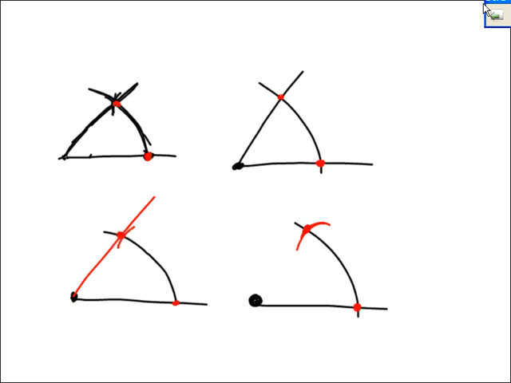And the point of intersection between the two arcs is of most importance. Now, using your straight edge, draw a line from this point to that point. There it is. Remember, angles don't care how long the lines are. That's not of importance right now.